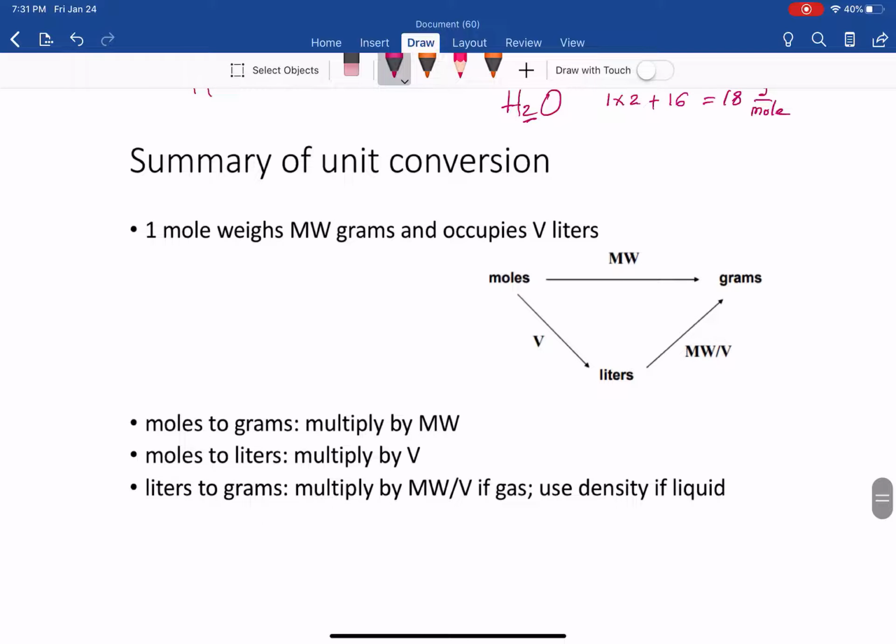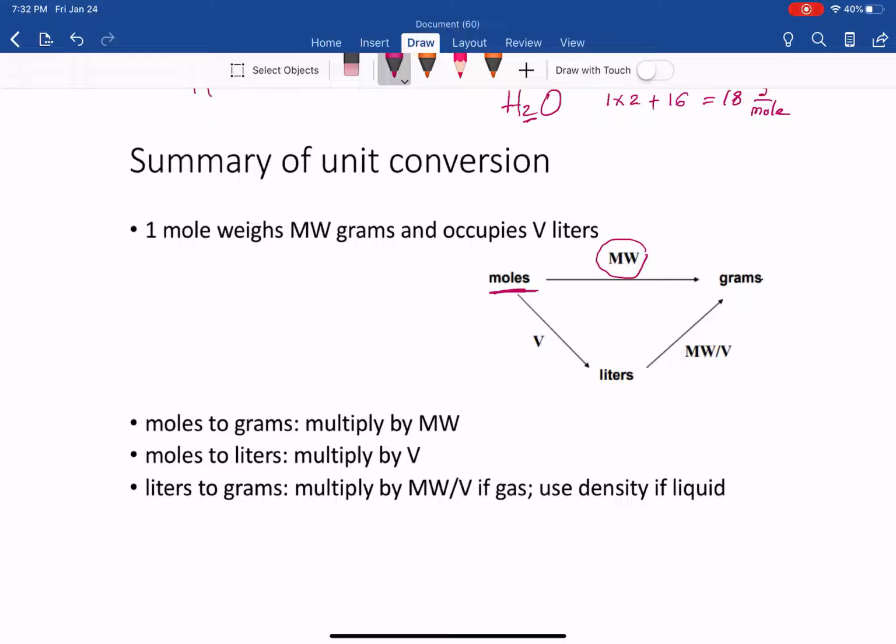Next, we also showed in one of the slides in lecture chapter 2 that 1 mole weighs molecular weight grams and occupies a volume in liters. For example, if you have moles, you multiply it by molecular weight to find grams.